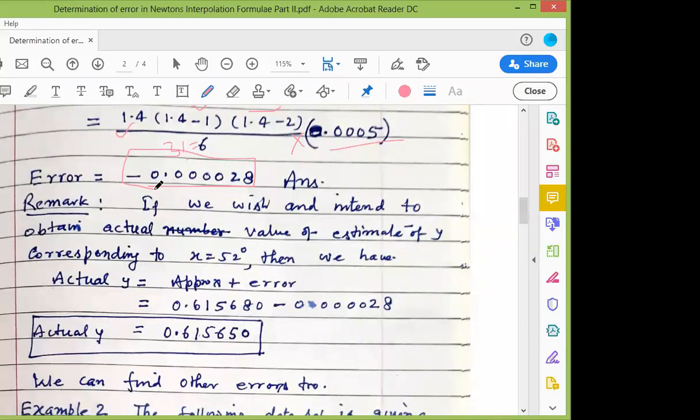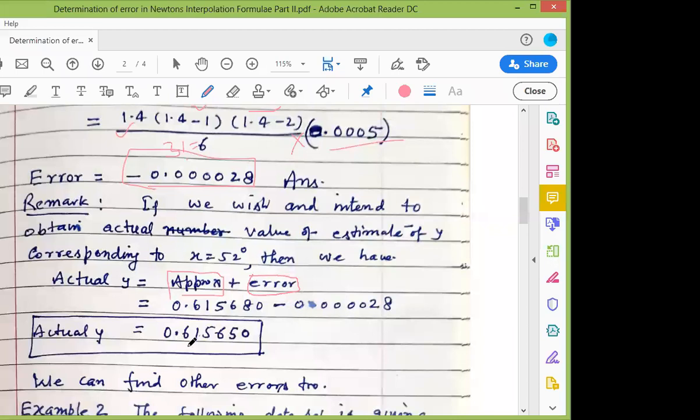So if we intend to obtain the actual value of y, it means the approximated value of y plus error. Plus error, where plus of minus means minus, so you subtract it.